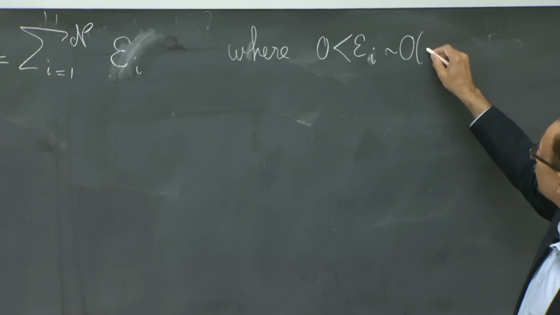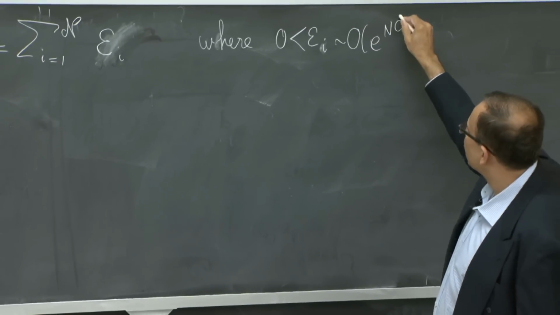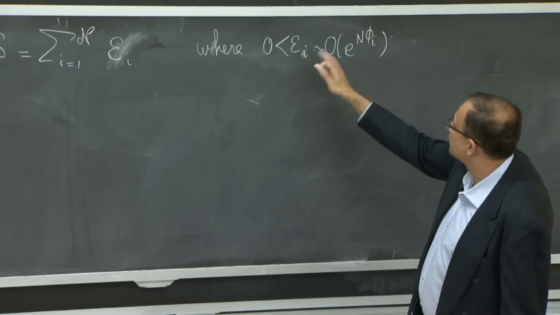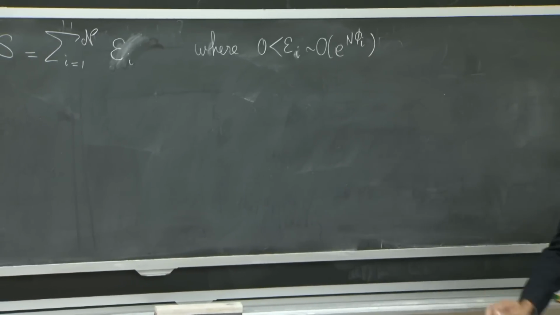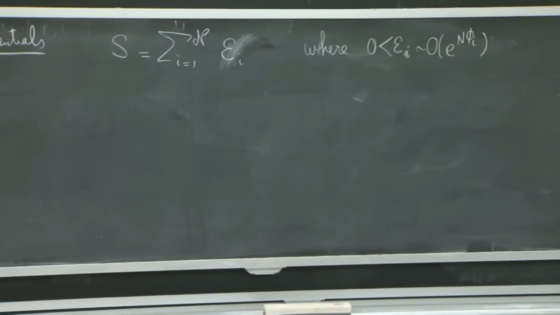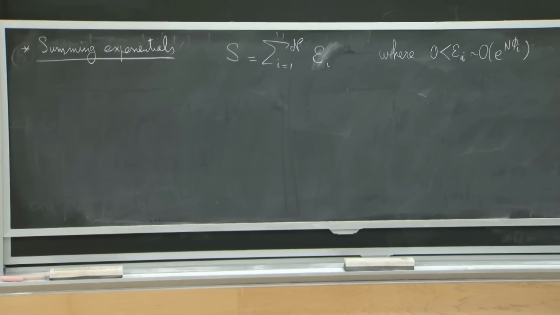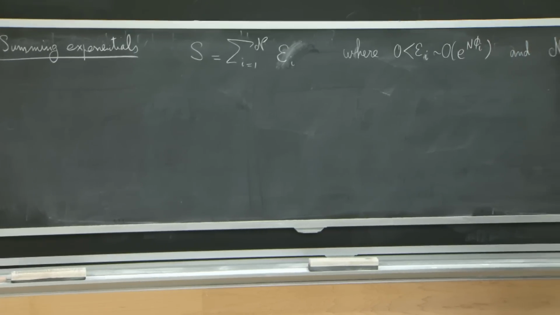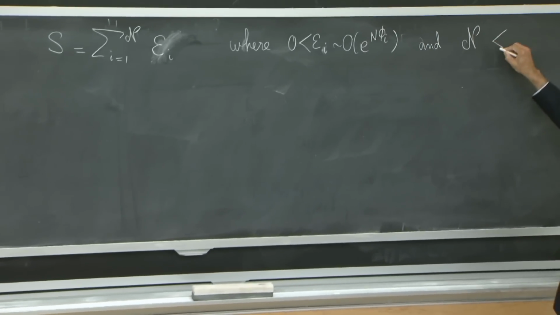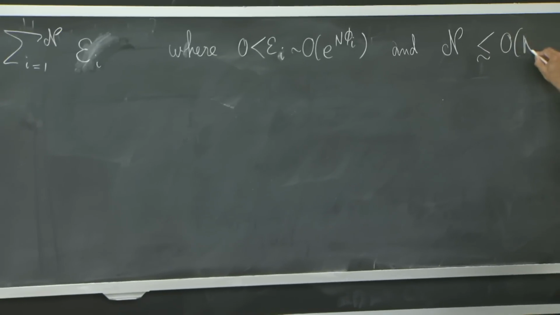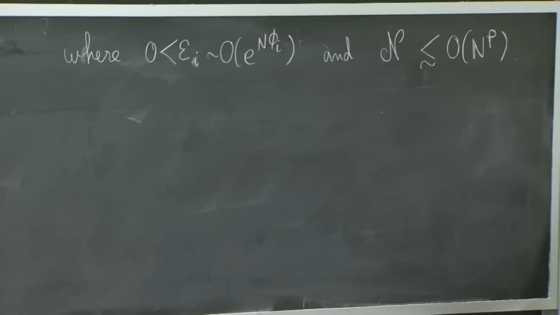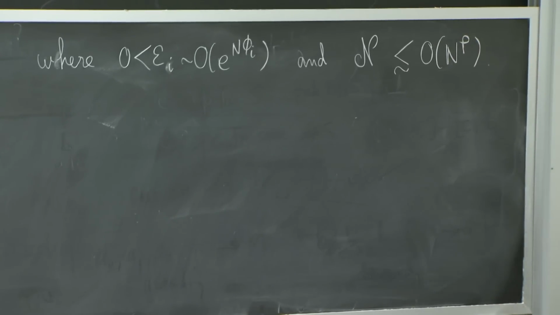It is of order e to the n phi i, where there could be some prefactor or something else in front to give it dimension, stuff like that that we were discussing. And I assume that the number of terms is less than or of the order of some polynomial in n.